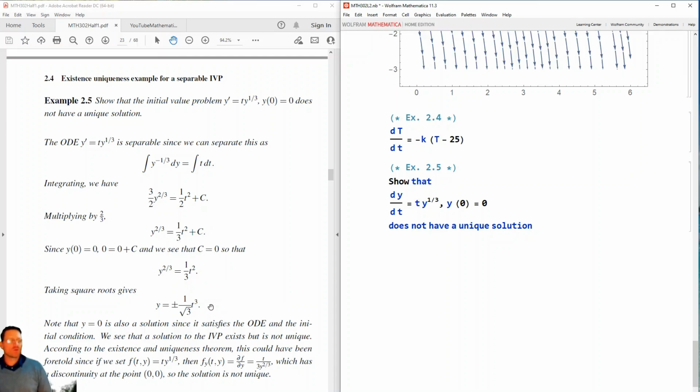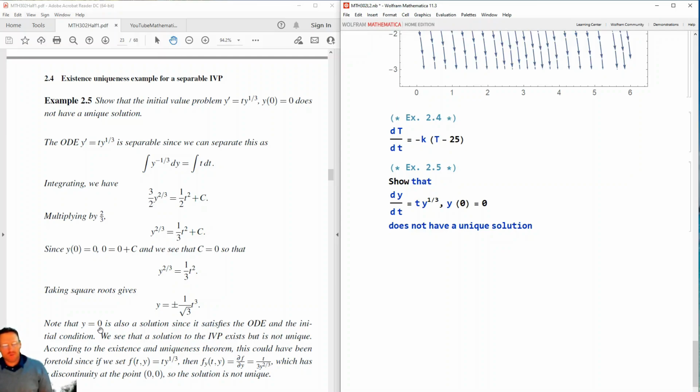Now taking square roots would give us y is equal to plus or minus 1 on root 3 t cubed. And then, so we're taking square roots and then we're cubing both sides. So that's why we get a t to the power of 3 there. Okay, but we need a plus or minus there. So we see that that's not exactly unique, is it?